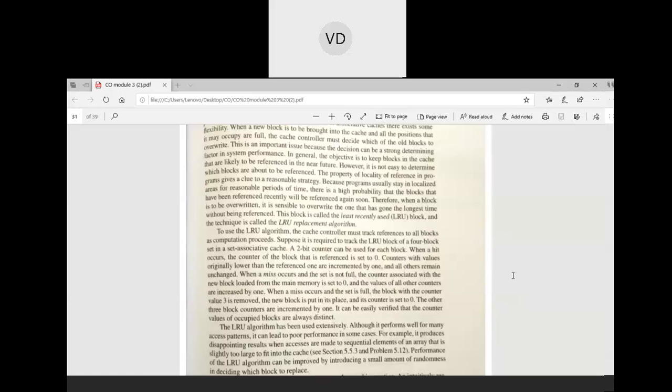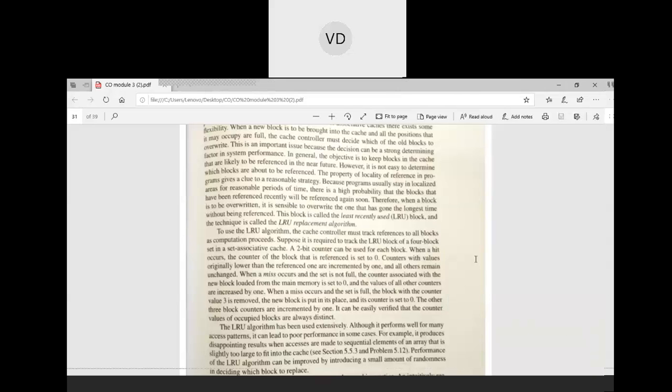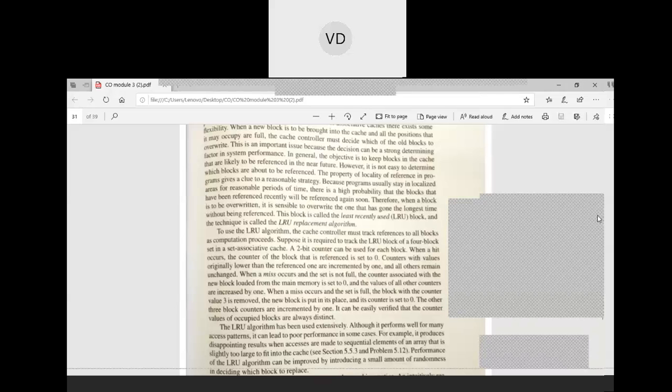Next, if you reference any block, its value will be changed to 0. For the others, those blocks whose original values are less than the referenced block's original value will be incremented by 1. Others will be kept as they are. So like this the least recently used algorithm works.